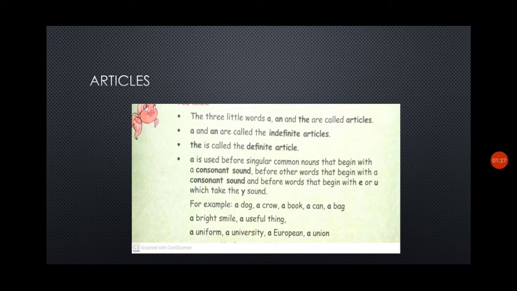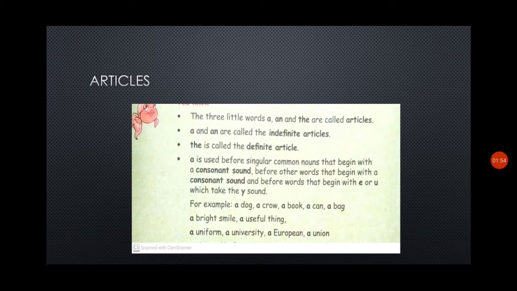Alright? So, children, a is used before singular common nouns that begin with a consonant sound. Before other words that begin with a consonant sound and before the words that begin with E or U, which take the Y sound.